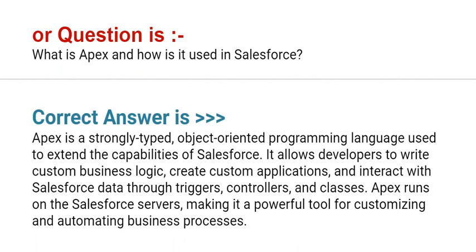It allows developers to write custom business logic, create custom applications, and interact with Salesforce data through triggers, controllers, and classes. Apex runs on the Salesforce server, making it a powerful tool for customizing and automating business processes.